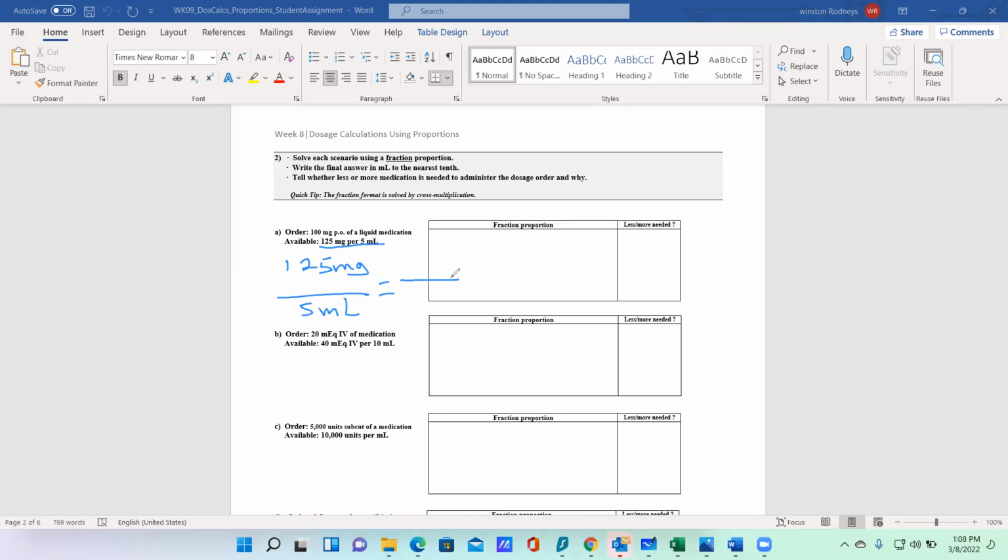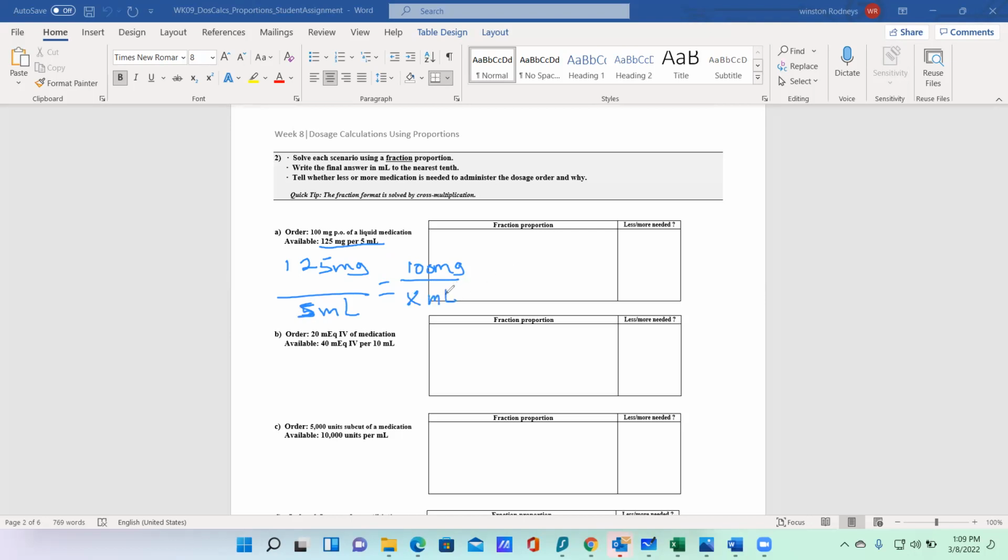If you decide to put both of them in the numerator, then both of them go in the numerator and both the mLs go in the denominator. If you choose to put the mLs in the numerator, then both mLs go in the numerator and the mg's go in the denominator. So this is 100 mg. And then obviously this is what we're trying to find. We don't know what it is, so we call it x mL.